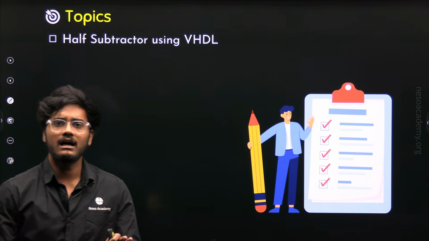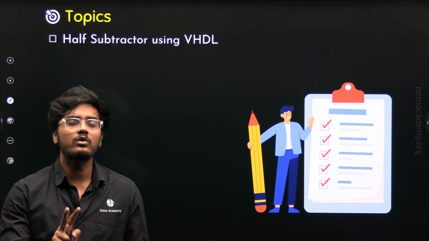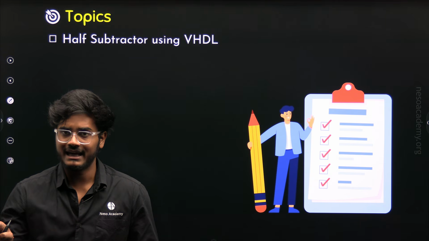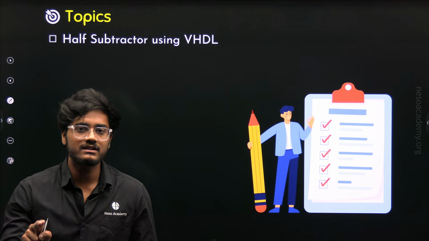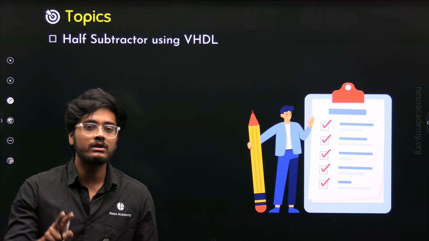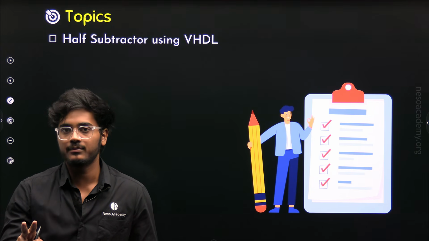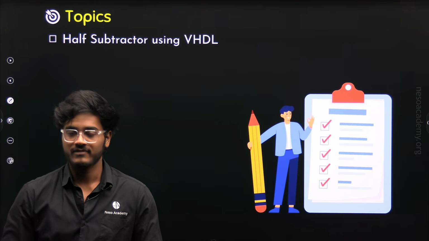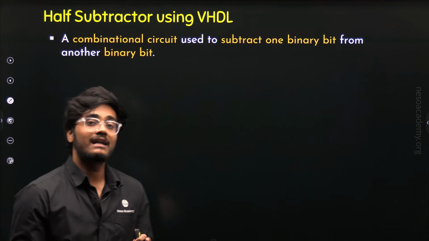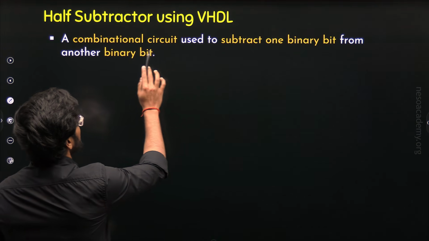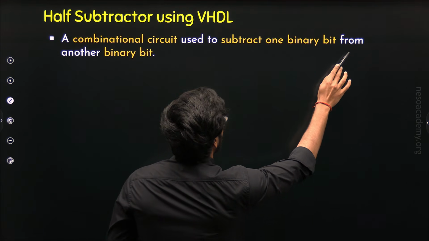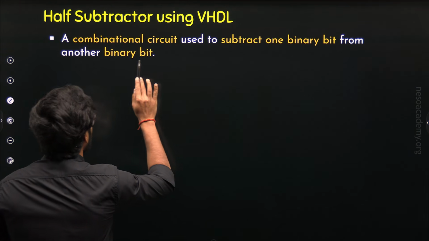Now, just like a half adder adds only two single bit inputs without considering the input carry, similarly, a half subtractor subtracts only two single bit inputs without considering the input borrow. Therefore, a half subtractor is a combinational circuit used to subtract one binary bit from another binary bit.